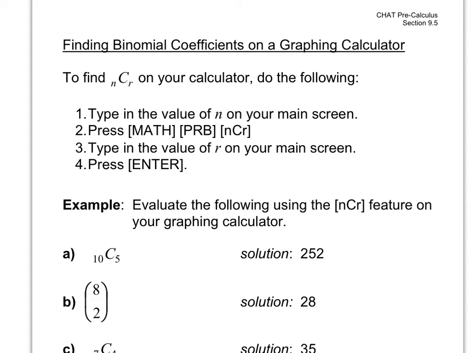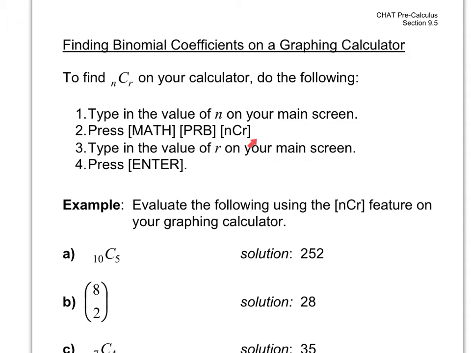On your calculator, you can find an nCr option by going to the Math menu, and then you're going to hit the right arrow until you get to the PRB. If it's a TI-84C calculator, then it would actually say PROB, but then you're going to choose nCr.